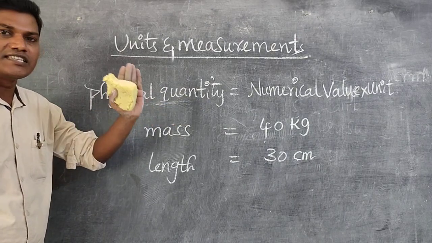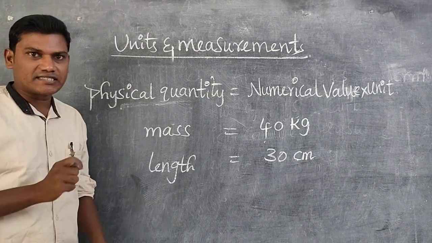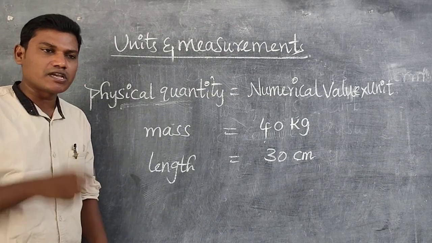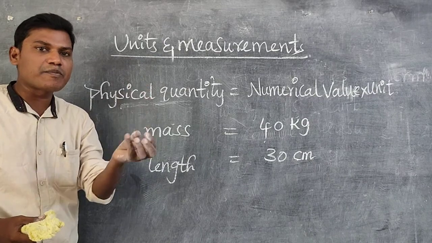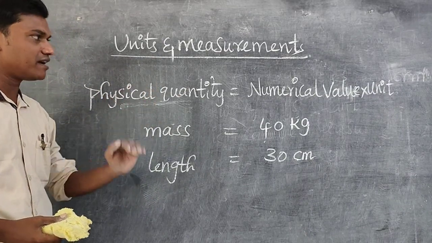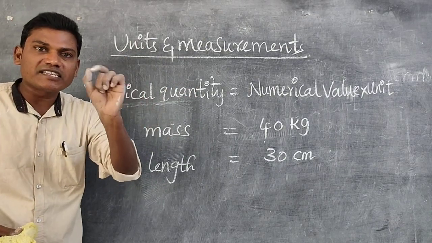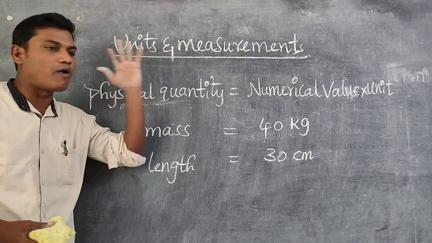Physical quantities are all quantities in terms of which laws of physics can be expressed and which can be measured directly or indirectly. Those quantities are called physical quantities.